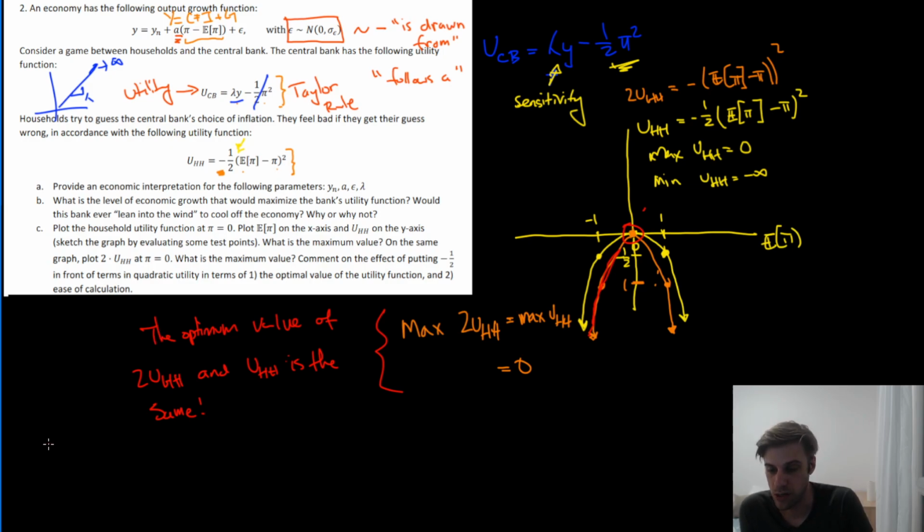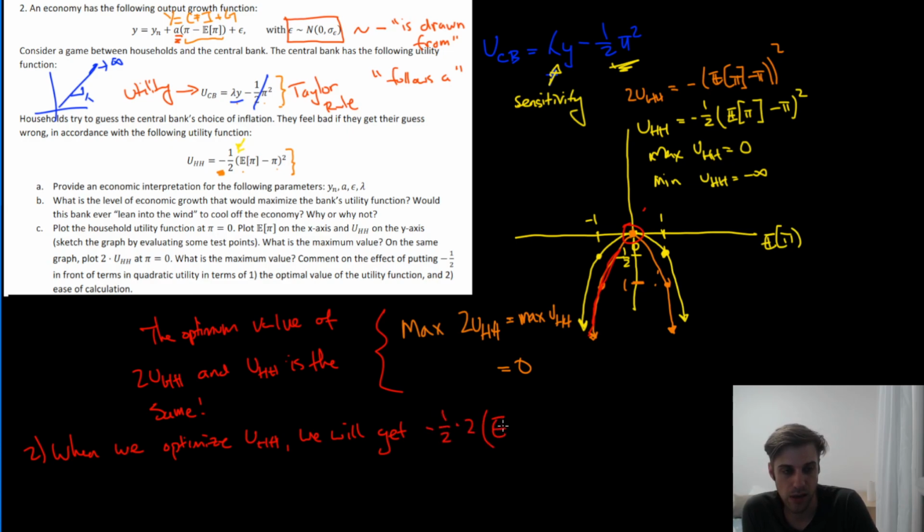So, part 2, why should we multiply by this? It says, make a comment in terms of ease of calculation. Well, we're going to take a derivative, and when we take a derivative, we will use the chain rule. When we optimize UHH, as part of the chain rule, we will get this 2 coming down. We will get minus 1/2 times 2 times e pi minus pi.